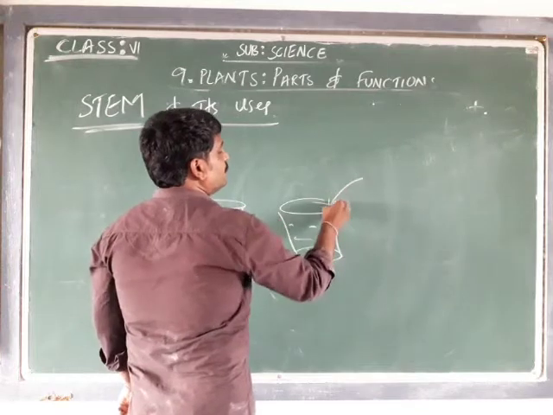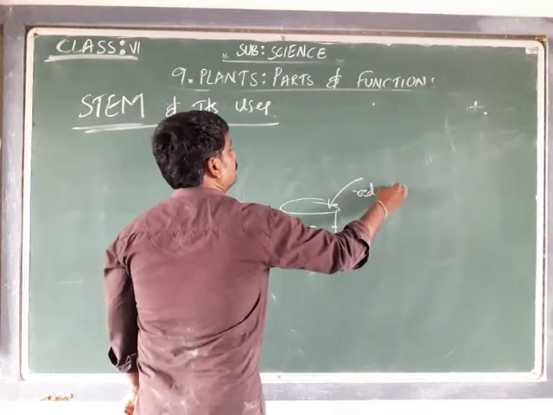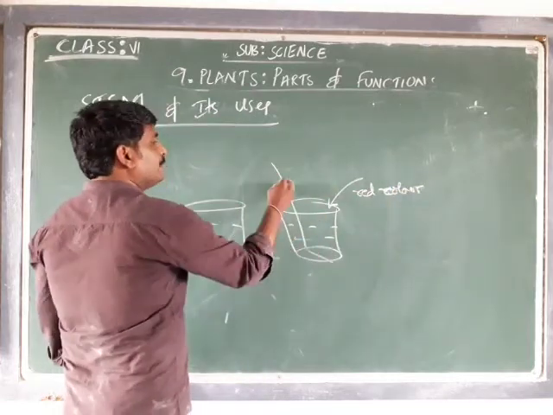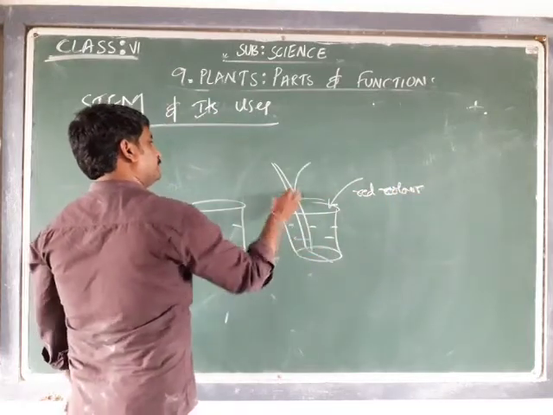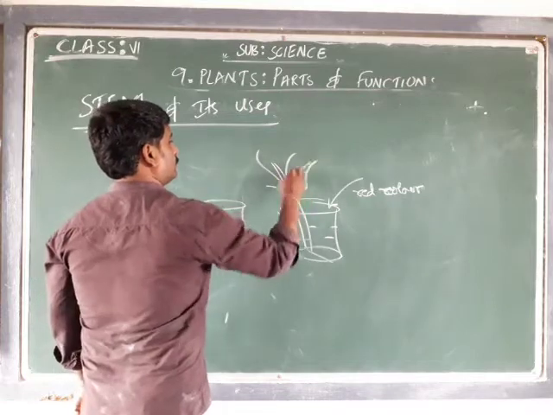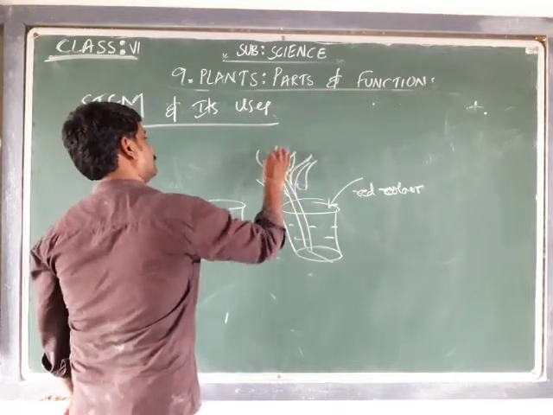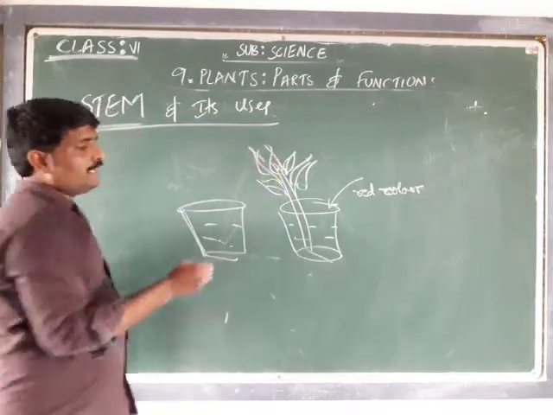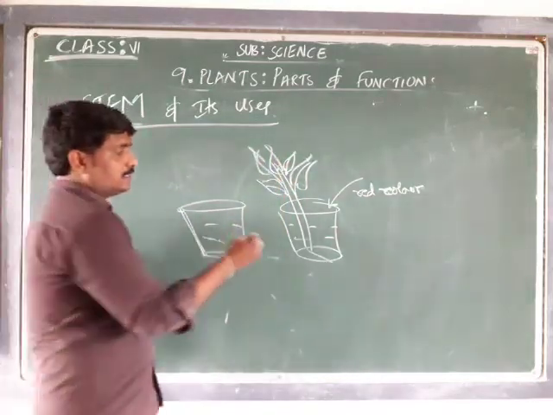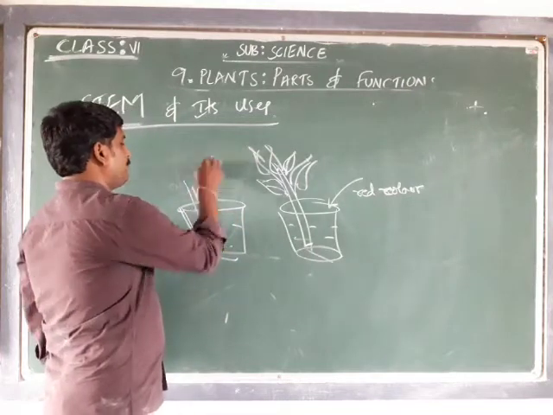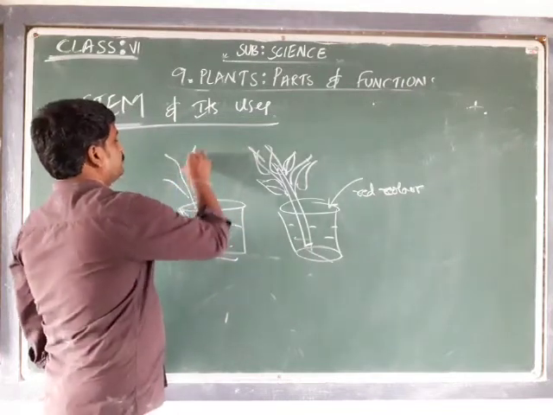To one we have to add red color. We have to keep the stem in it without the roots. Only the stem part should be kept.